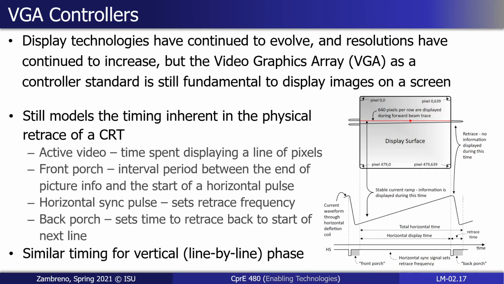So there are certain synchronization pulses that happen where, in between where we're displaying active video, there's a horizontal sync pulse of a certain specified amount of time that lets the display controller know how much time it's going to be until the next line is going to be drawn.